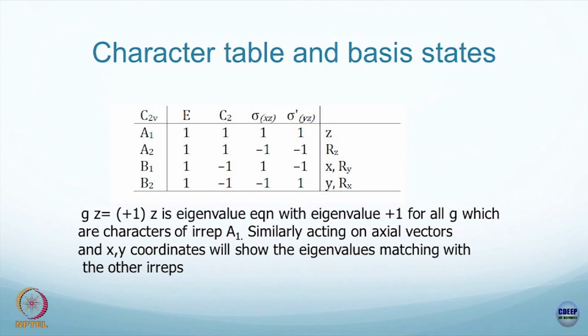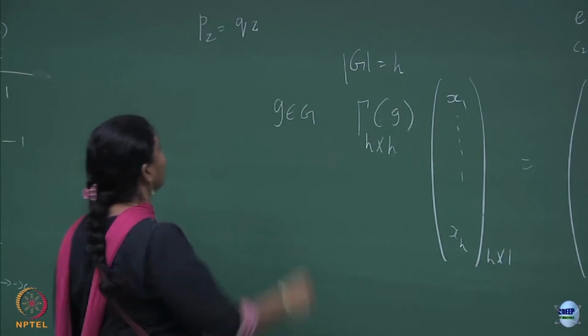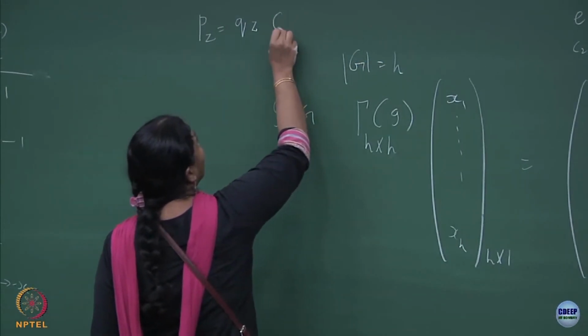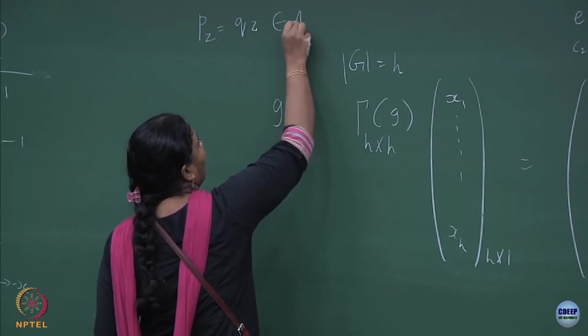If I look at this table, the basis vector for position coordinate z is the A1 irrep. So, I will say that the z component of the dipole moment operator, right, this is the notation for the dipole moment operator, should belong to the A1 irrep.